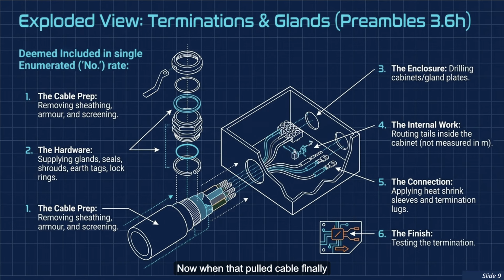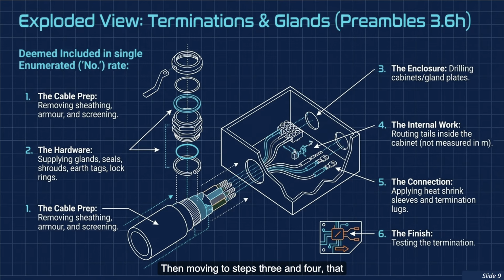Now, when that pulled cable finally reaches the panel, a termination requires a really rigorous 6-step process. In a pricing schedule, this looks like a simple, single enumerated rate, just one number. But wow, that single rate deems a lot included. Step 1, the extensive cable prep, like removing sheathing, armor, and screening. Step 2, supplying all the hardware, glands, seals, shrouds, and earth tags.